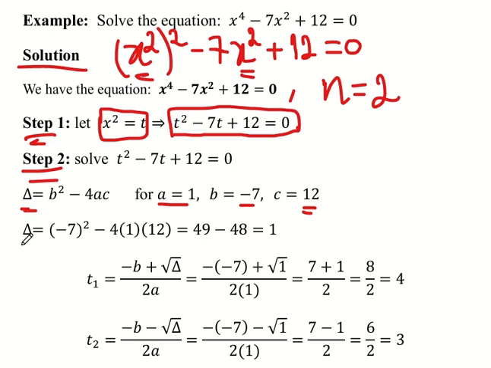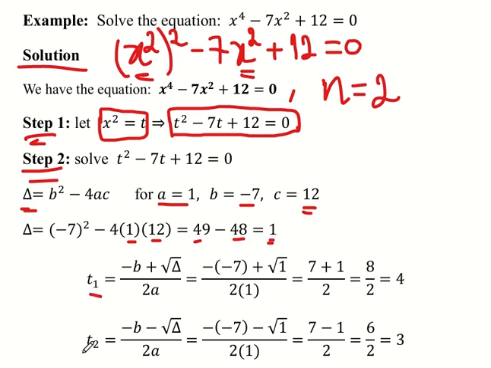When we plug in, delta equals minus 7 squared minus 4 times 1 times 12. Minus 7 squared equals 49, and 4 times 1 times 12 equals 48. This equals 49 minus 48 equals 1. So delta equals 1.